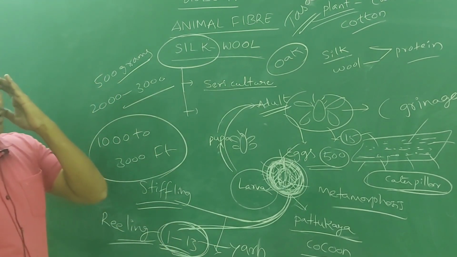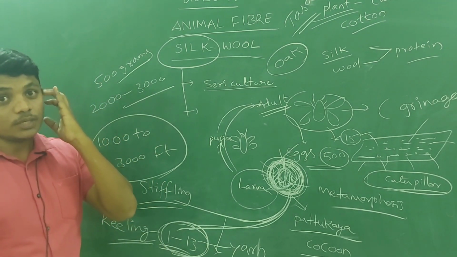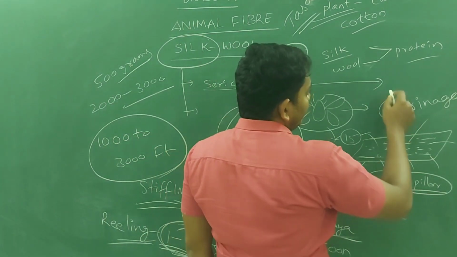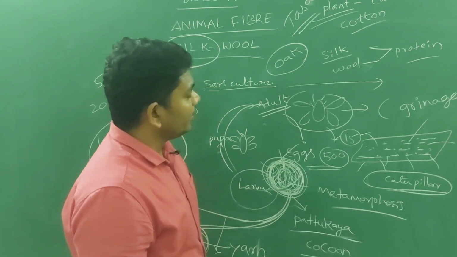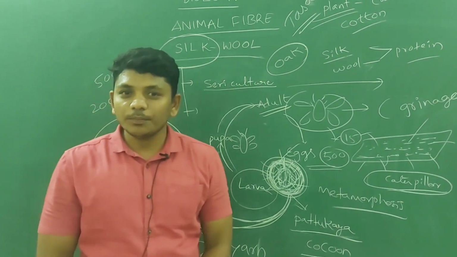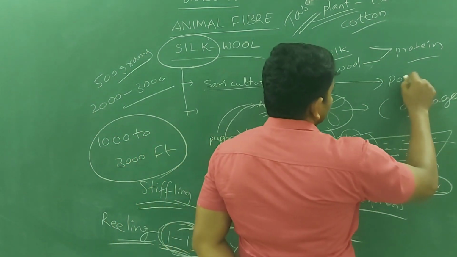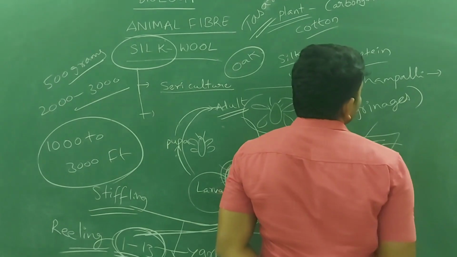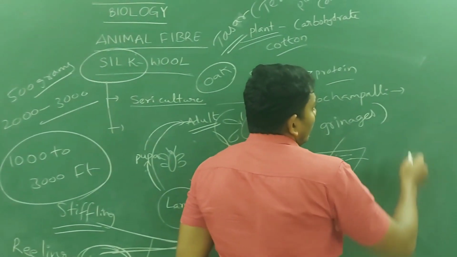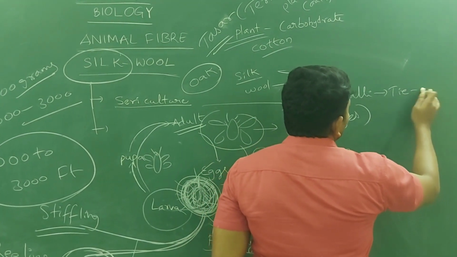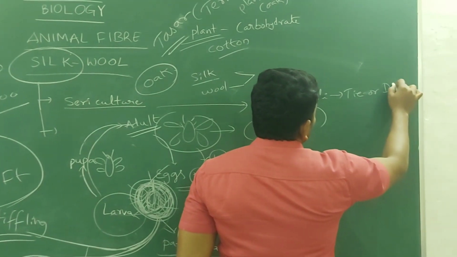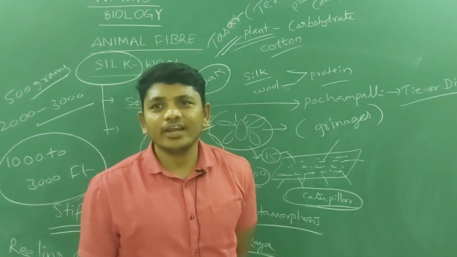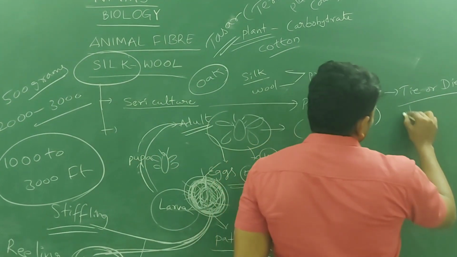On the basis of the area, the silk is having some names. For example, if the silk is available in some areas like Pochampalli, that is called Pochampalli pattu, or tie and dye pattu, or it is having another name called Jamdani pattu.